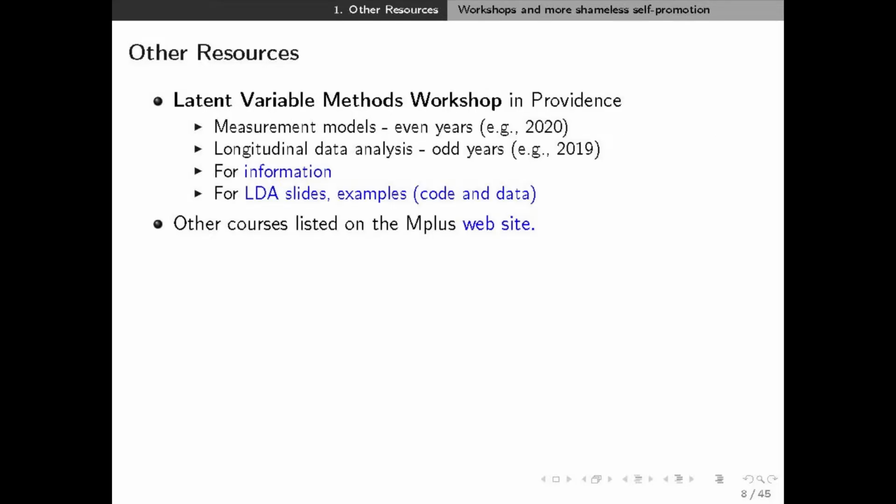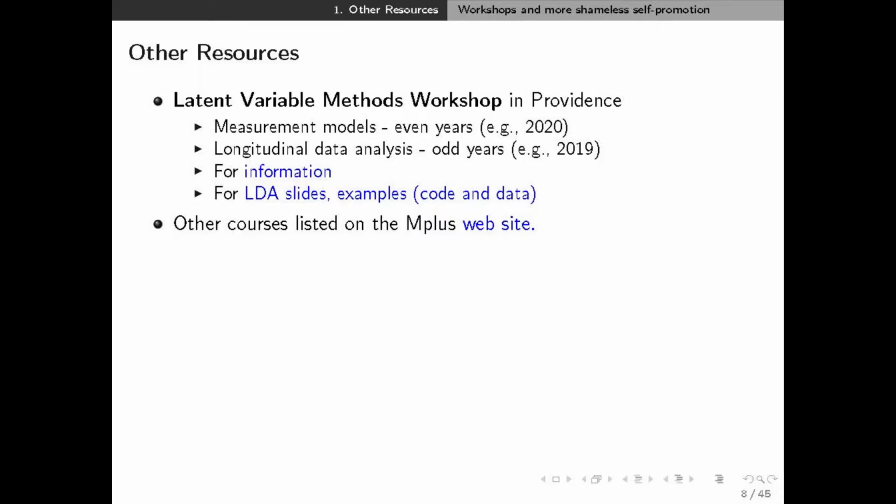The other thing I would like to let you know about is I teach a 3-day workshop over the summer on how to do longitudinal data analysis using Mplus, and I've been doing it for about 16 years. I usually do it at the end of July in Providence, and I actually teach you how to use the Mplus software, how to get the data in, how to read an input file, and how to interpret the output.